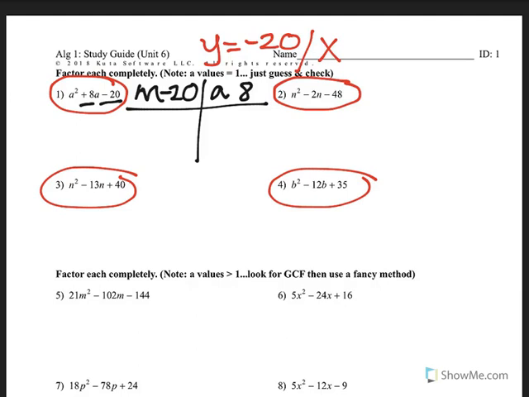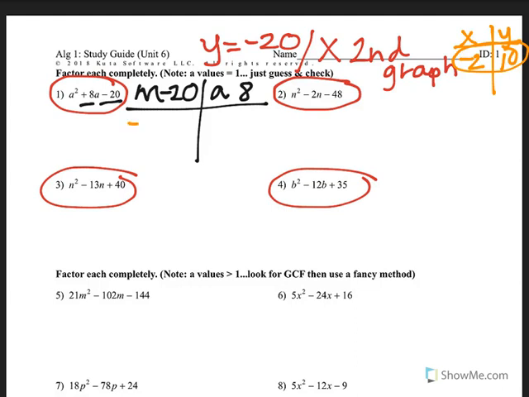And that will give you a list inside your table, which you get to by doing second graph, and it will give you a table of x and y's. And inside your table, if you add these together, it will give you numbers that will add and multiply to get your two factors. So that's like a shortcut way of finding your two factors if you didn't know a number that multiplied to be negative 20 and then added to be 8.